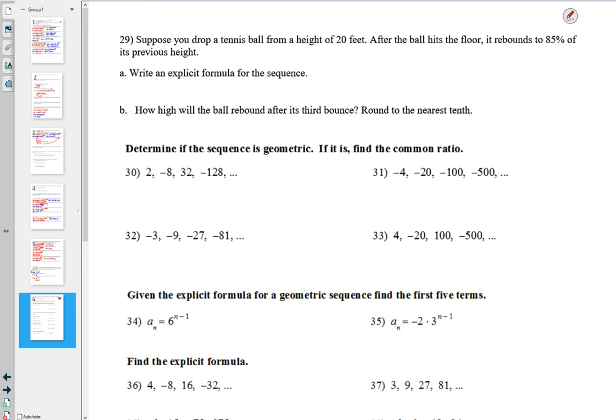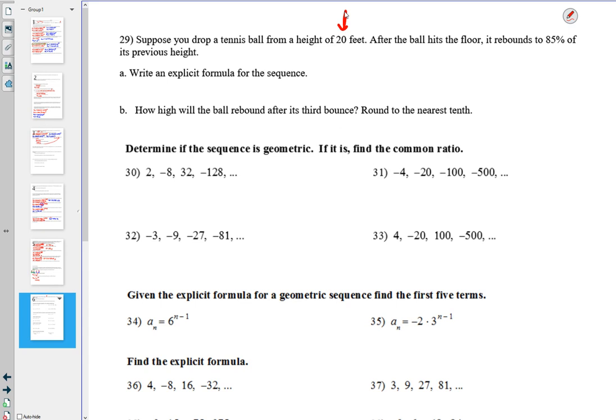Well, see, the thing is, I would assume most of us are going to use this 20 as the original amount, because that's what we read. But what does the height of the ball depend on? In 90-something percent of the problems we've done, whatever we're measuring depends on time, usually counted in hours, minutes, months, or years.